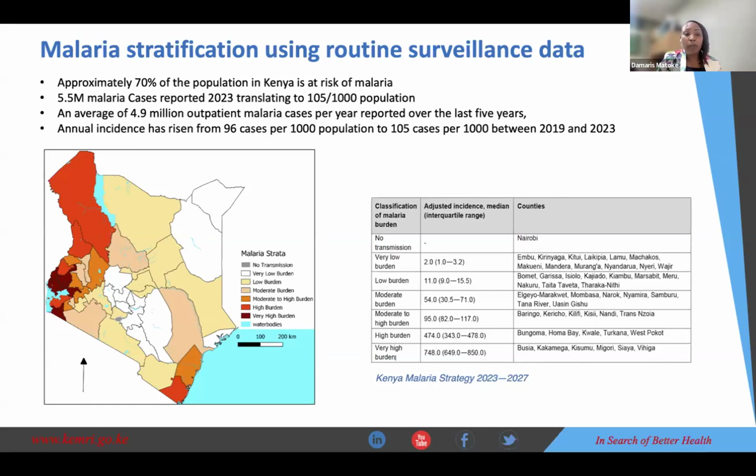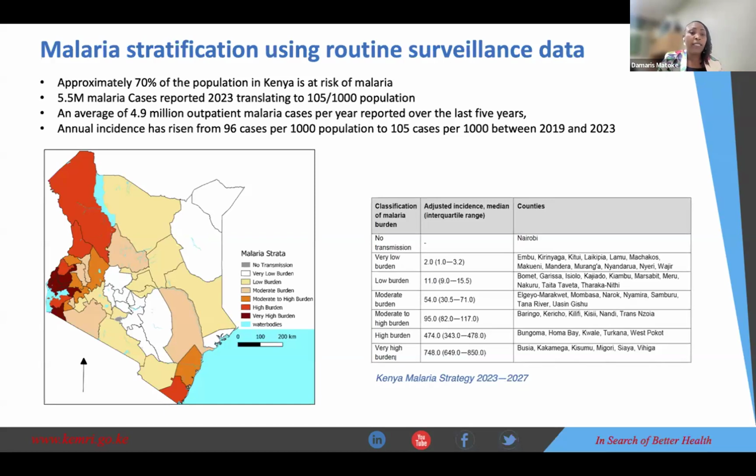Places mapped as having no malaria include Nairobi, and this was projected using the modeling component in combination with active surveillance. We also have places highlighted in white where we have very low malaria burden, even though a few cases are reported.